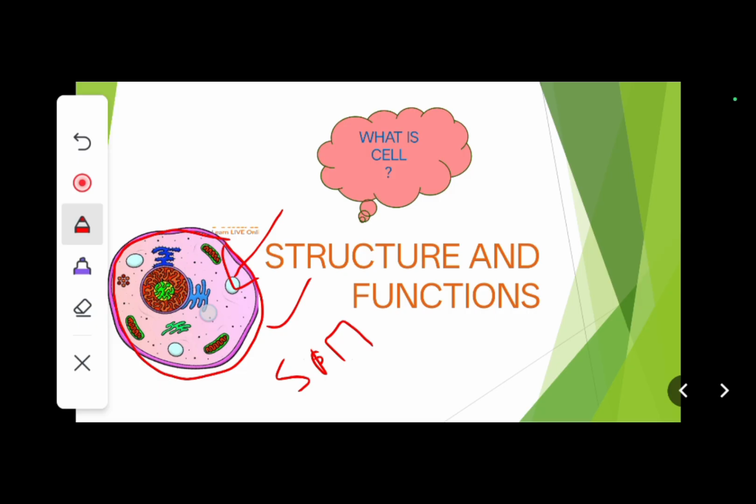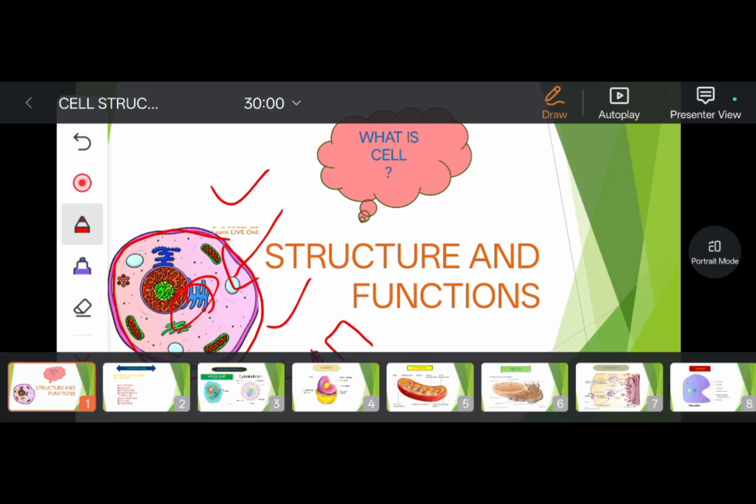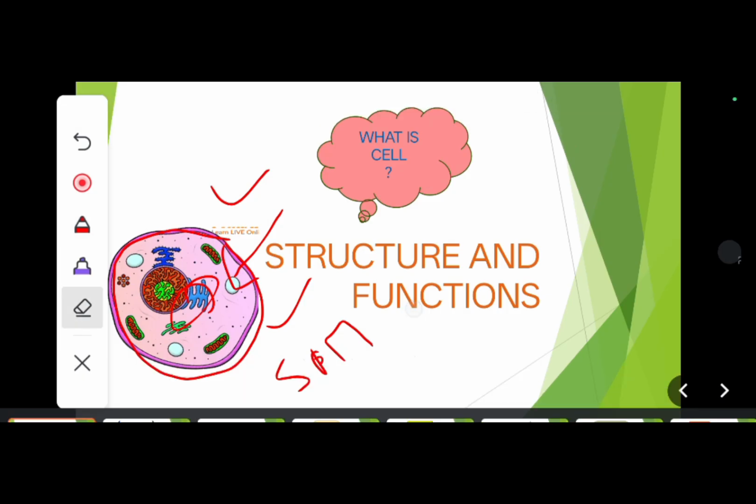This is known as the plasma membrane. It separates the internal organelles from the outer environment, protecting the inner organelles, so the entire environment is changed inside the cell. Okay, so these are the major important features of the plasma membrane.